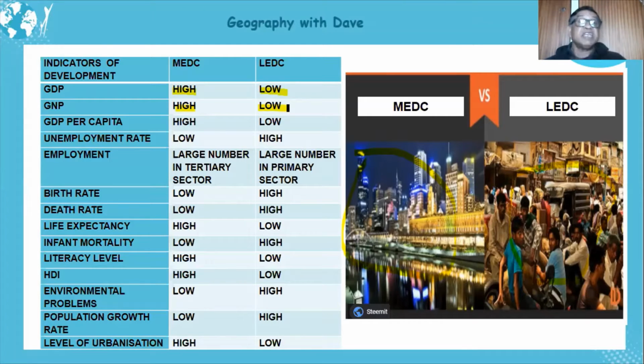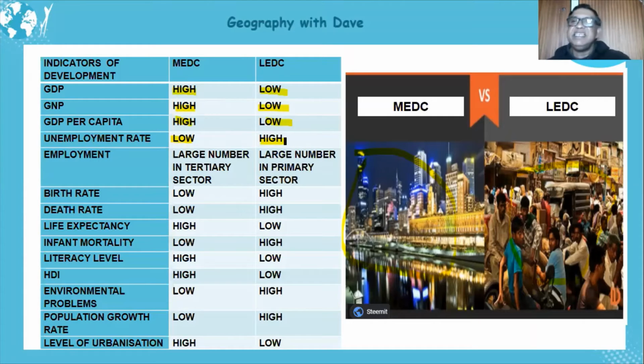Their production is lower, so it'll be low. Per capita income, the average income per person, will obviously be higher in the MEDC compared to the LEDC. Their salaries are much greater on average. The employment rate, all right, this would be unemployment rather.